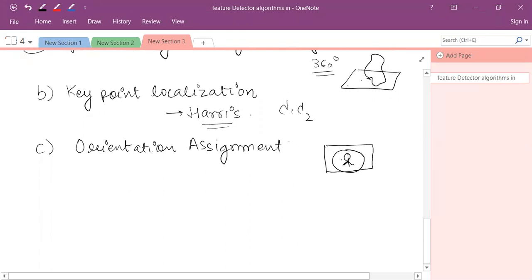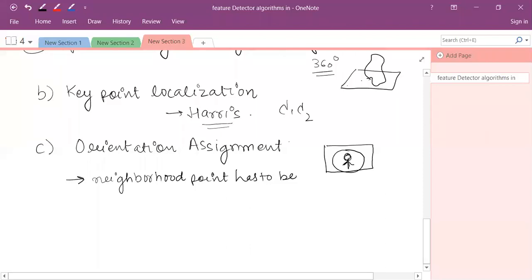So in this diagram, you have to identify the orientation of this object. So the first step is you have to take the neighborhood points. Neighborhood points have to be taken around the key point location. What is our key point?